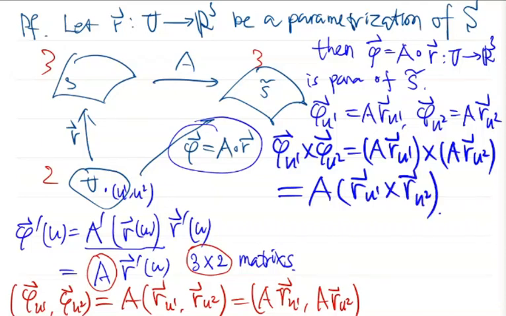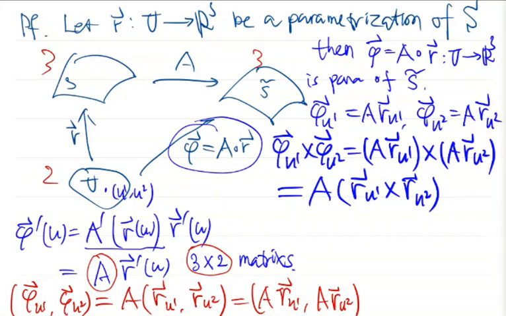That is, you apply A first and then take the cross product, which equals applying the cross product and then applying A to the resulting vector. This is true only for an orthogonal matrix A. If A is not orthogonal, this is not true.